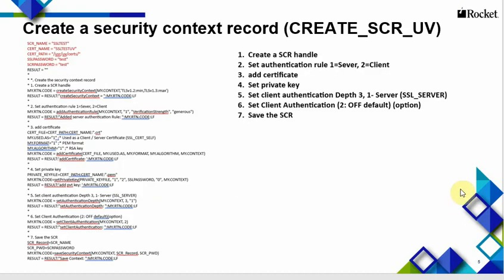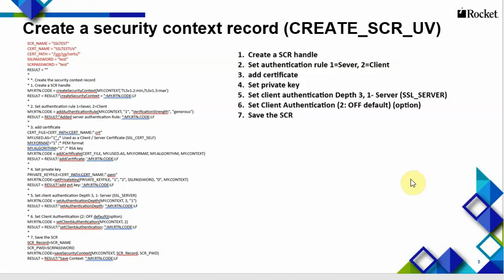The second step, after you create a self-signed certificate, is to create a security context record, which we call SCR. The SCR can be put in any account you want. For my demo, I put it in the XDemo account.